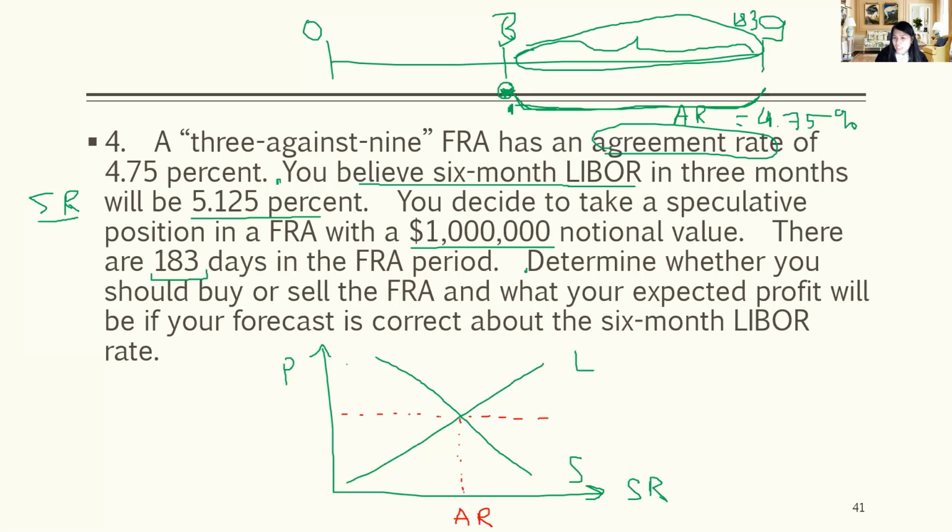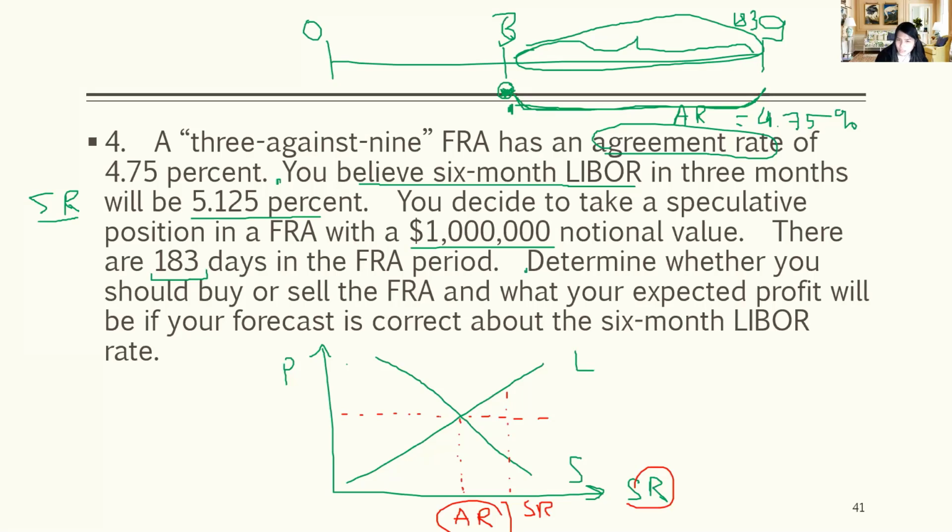Okay. So in this case, what you want to do is compare the agreement rate and the settlement rate. Okay. The agreement rate here is 4.75%, right? And the settlement rate is expected to be 5.125. So here I'm looking at the right-hand side of the graph. This is my settlement rate, which is to the right of the agreement rate.